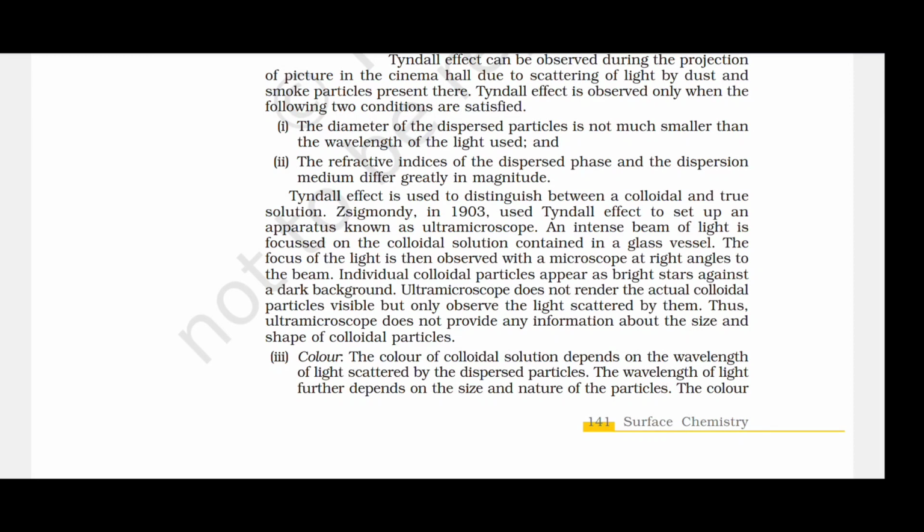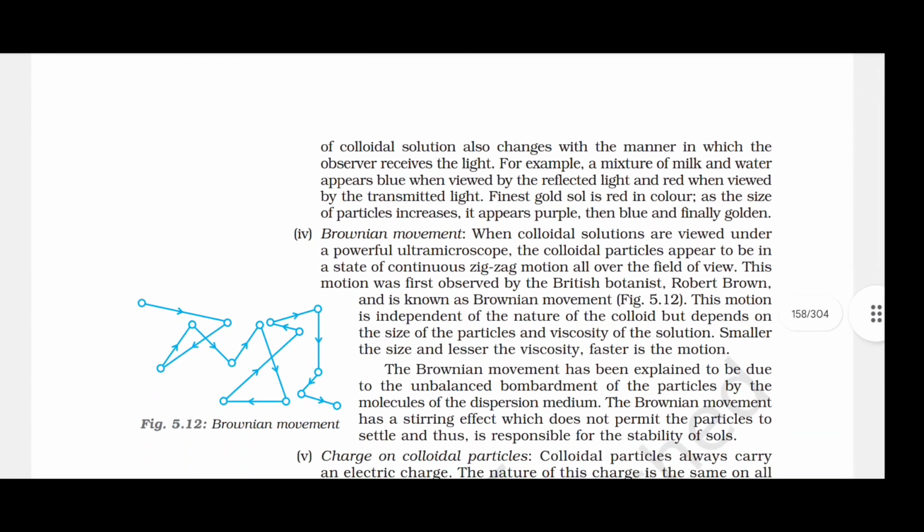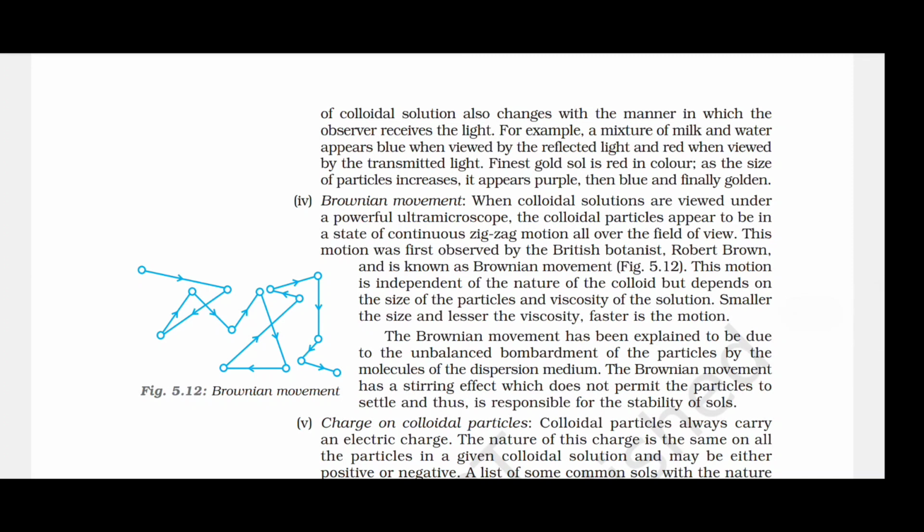Third, color. The color of the colloidal solution depends on the wavelength of light scattered by the dispersed particles. The wavelength of light further depends on the size and nature of the particles. The color of colloidal solution also changes with the manner in which the observer receives the light.